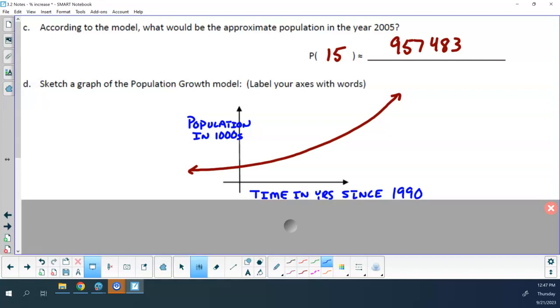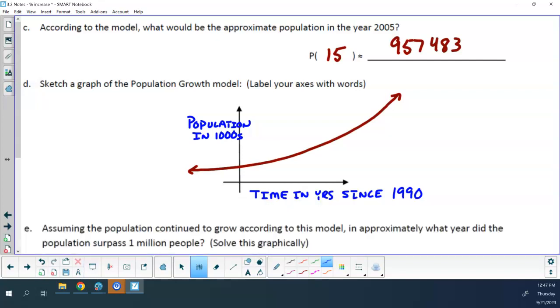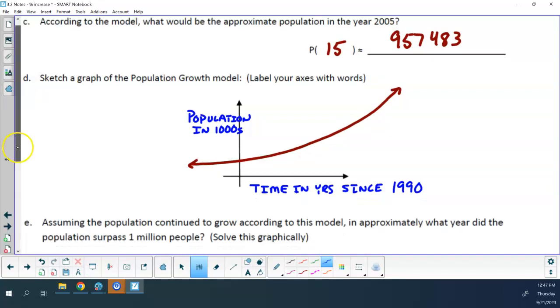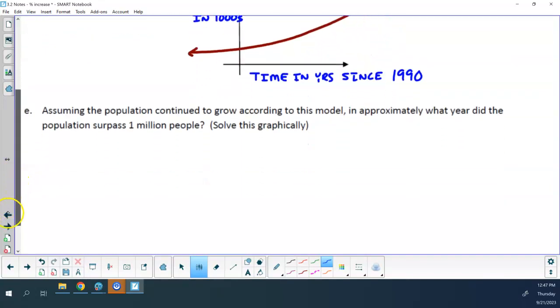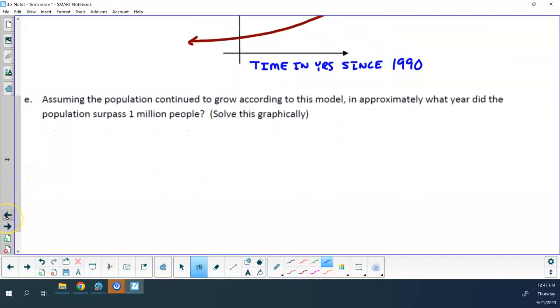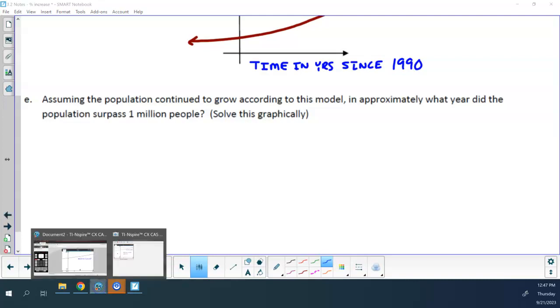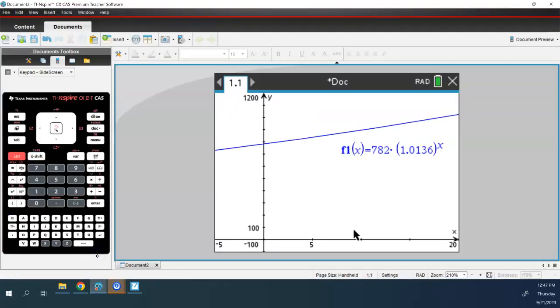Now, here's the kicker. Last question. Assuming that the population continues to grow according to this model, approximately what year did the population surpass 1 million? Well, now we can go to our graph. Here, remember that our population was in thousands.